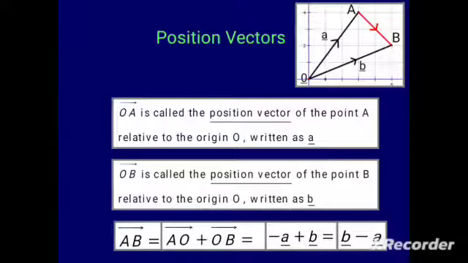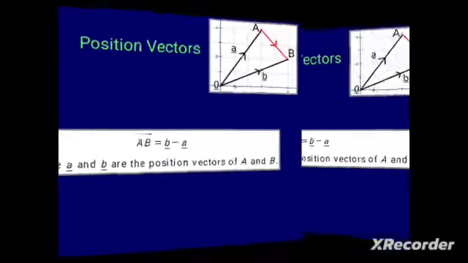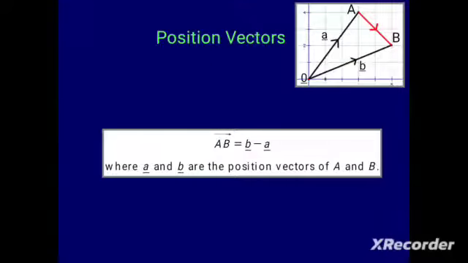That is the solution for vector AB in terms of small a and small b. Now we have that vector AB is equal to vector b minus vector a, where a and b are the position vectors of A and B.